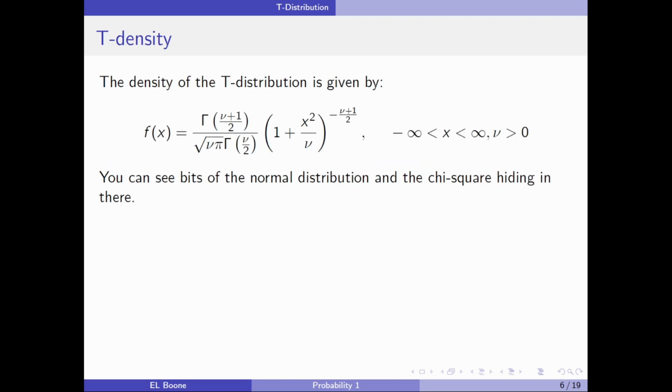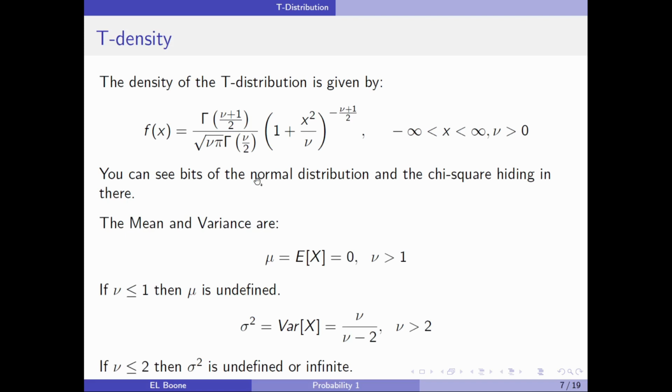Okay, so here's the density of the distribution, and you can see bits of the normal distribution hiding in the square root of nu pi, and you can see parts of the chi-square distribution hiding in here with the gammas of nu over 2, things like that you've seen before. But we're not going to go through and derive all of this, but it has a mean and variance.